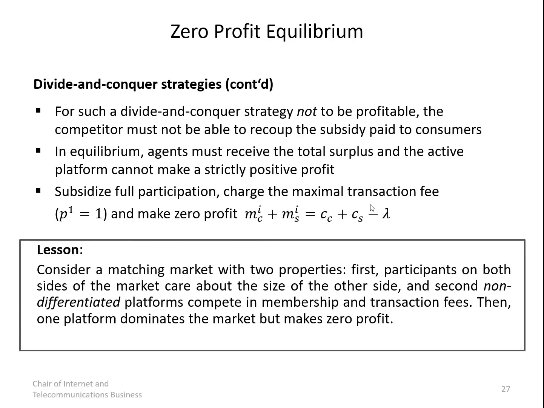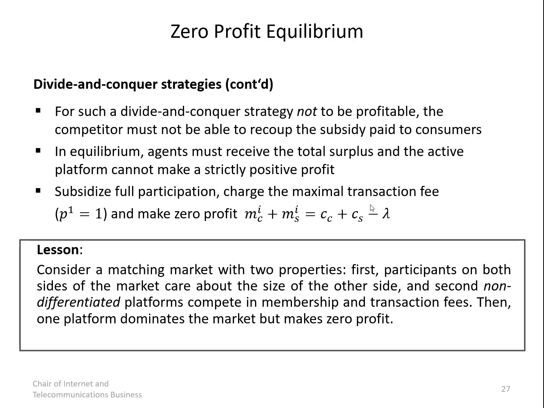So, for such a divide and conquer strategy not to be profitable, the competitor must not be able to recoup the subsidy being paid to consumers. In equilibrium, the agents must receive the total surplus, and the active platform cannot make a strictly positive profit. This is also because the platforms are perfectly symmetric and non-differentiated, and there's no way for them to be earning any value.